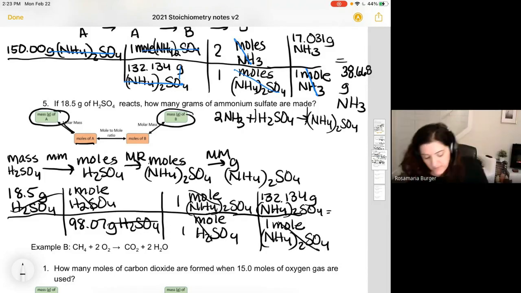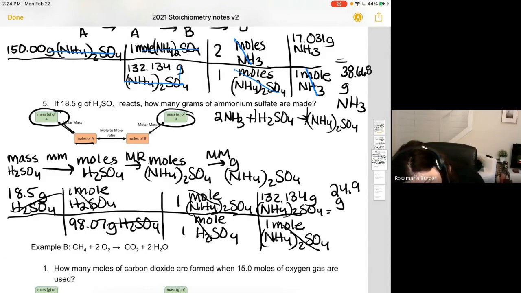So you're going to do 18.5 divided by 98.07. You don't have to put the 1 over 1 in the calculator. Times 132.134. And this gets you 24.9 grams of (NH4)2SO4.